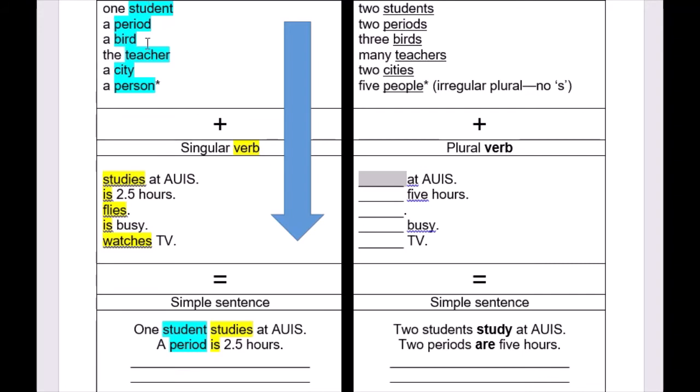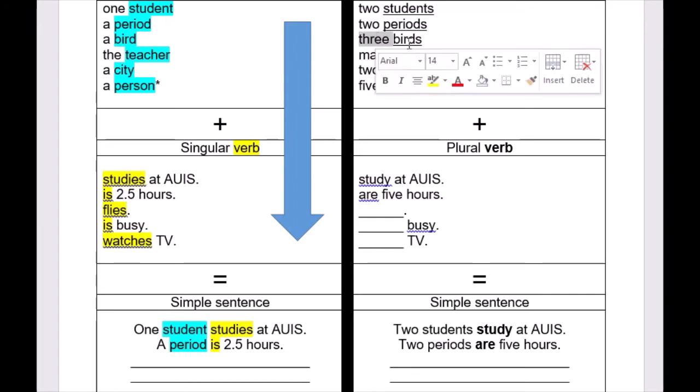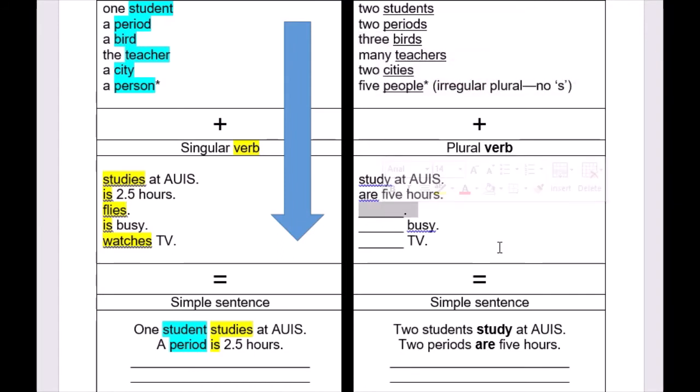We can say 1 student studies at AUIS, but what about 2 students? What's the plural form? It's just the base form, okay? So study. All right. The plural form is 2.5 hours, so the period is 2.5. 2 periods are 5 hours, okay? A bird flies. 3 birds fly.